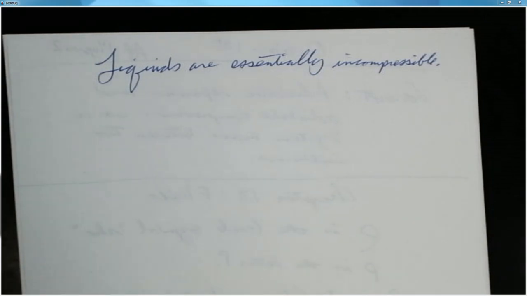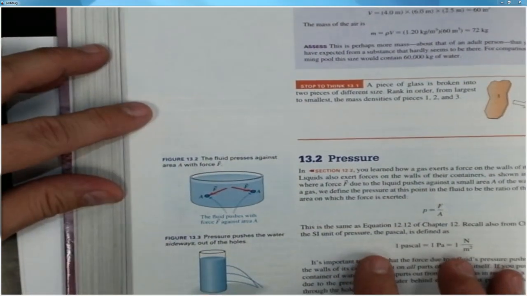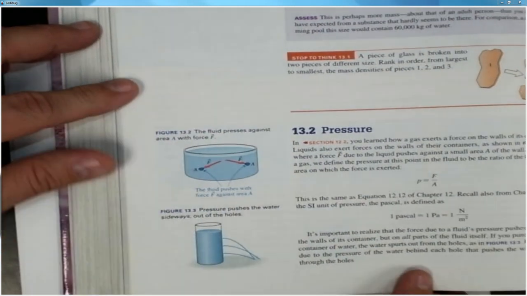And that's a very important point. Another important point is that liquids exert the same pressure everywhere at a particular depth. Let's look at this picture here on the notebook on page 400.